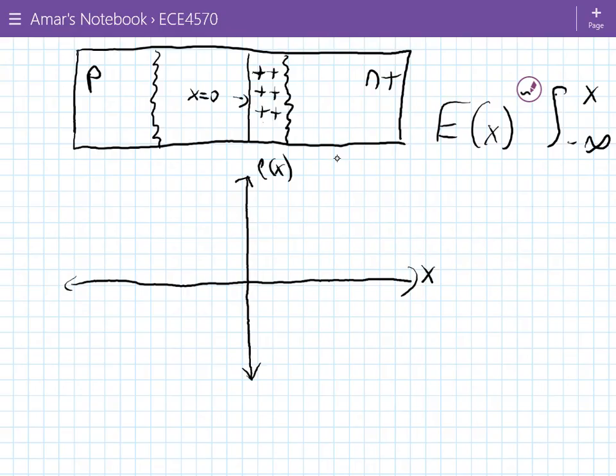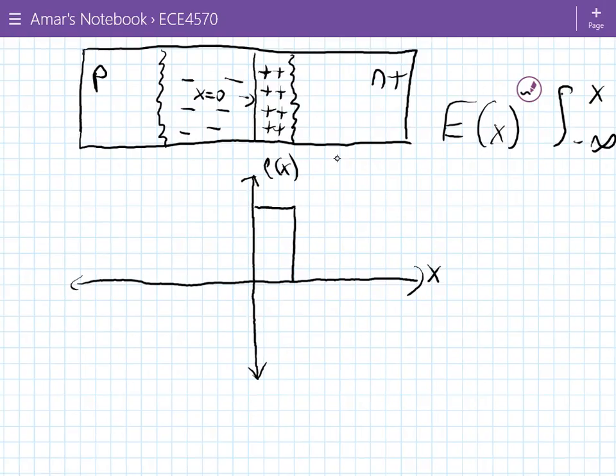There's a bunch of positive ions here, so we're going to have positive charge density here. And then there's a whole bunch of negative ions here, so we will have a negative value in this portion.